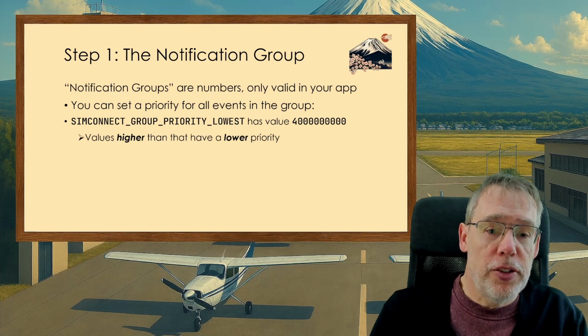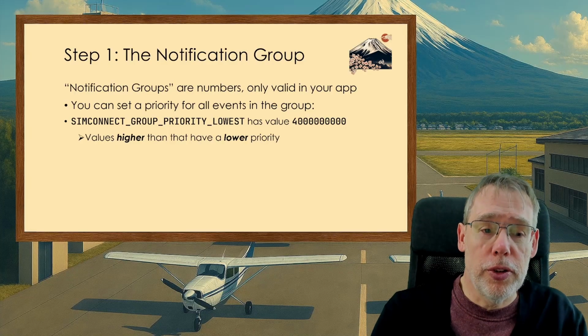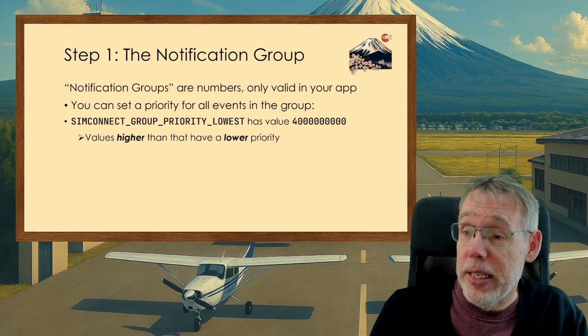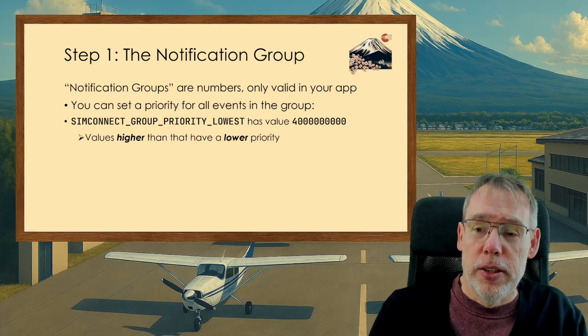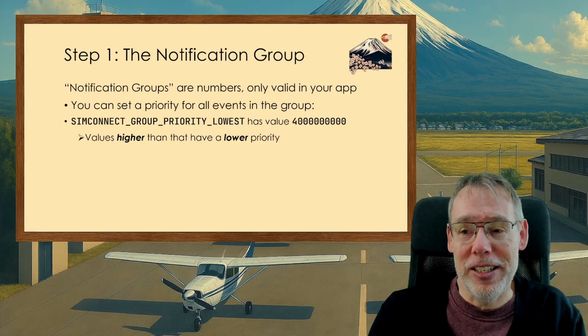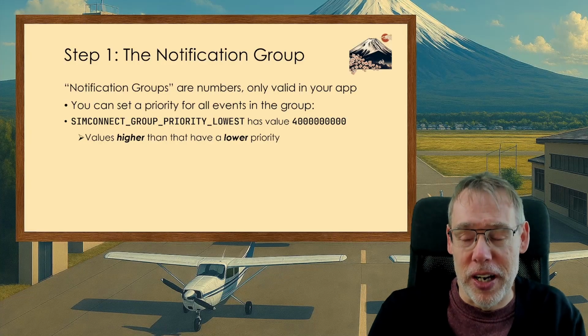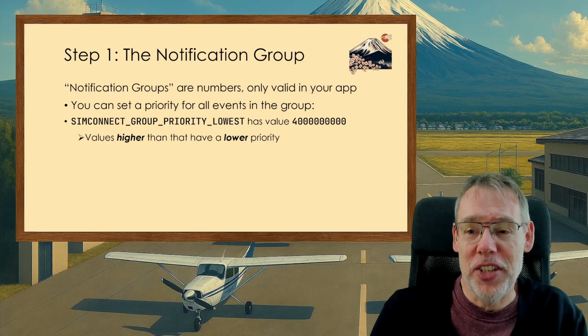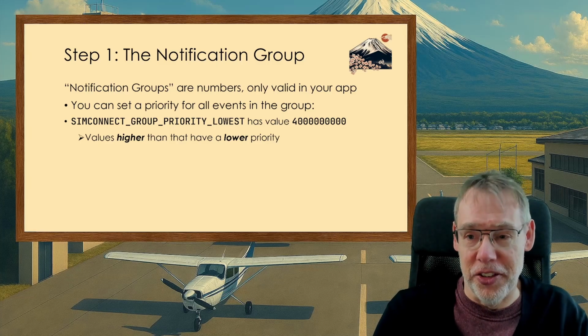There is a standard priority called SimConnect Group Priority Lowest, and it has a specific value, which is actually quite high. Unfortunately, this is a bit confusing, but it says lowest, but it's a high value, and a lower priority has a higher value than this.